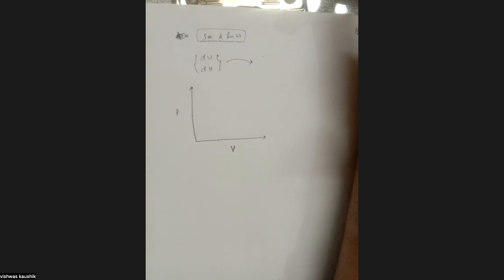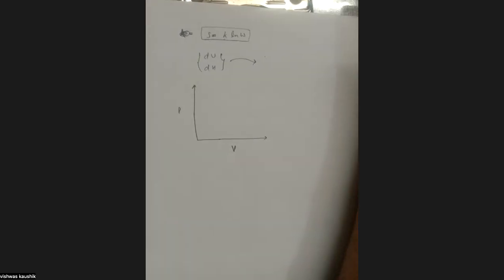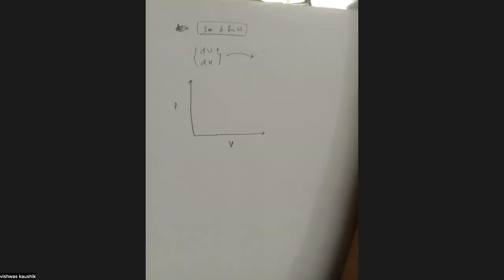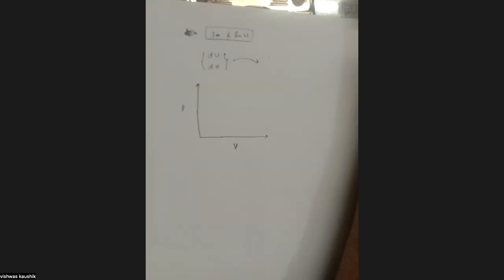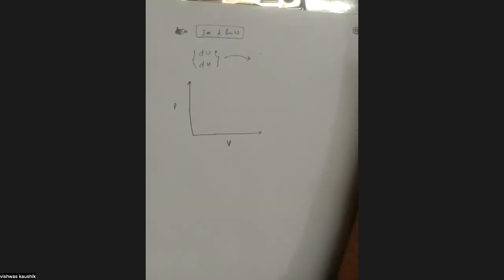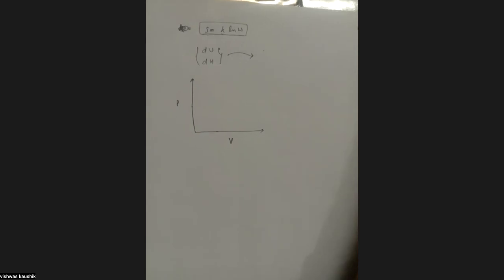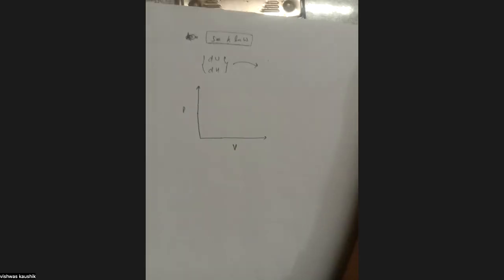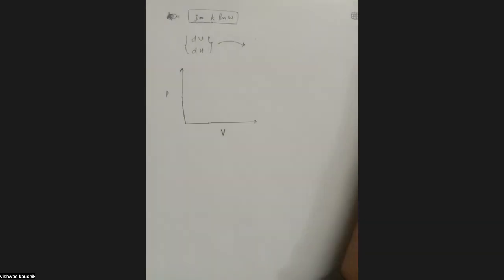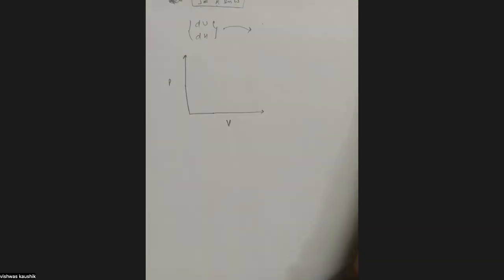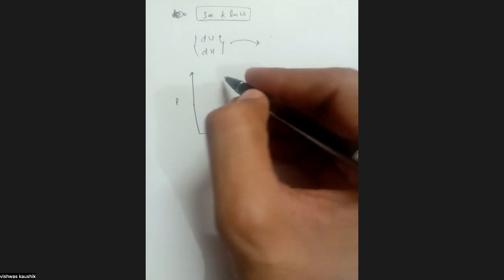Sir, the major difference is that in the PV graph the variables are pressure and volume, and the graph is curved. But in the TS graph we obtain straight lines, not curves.